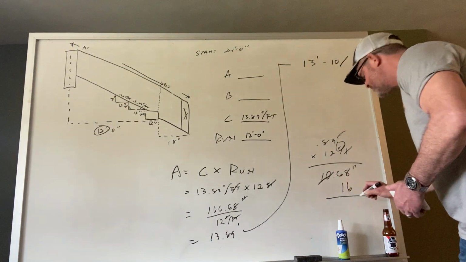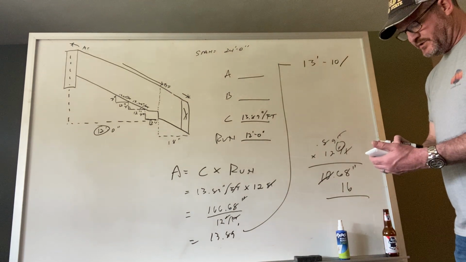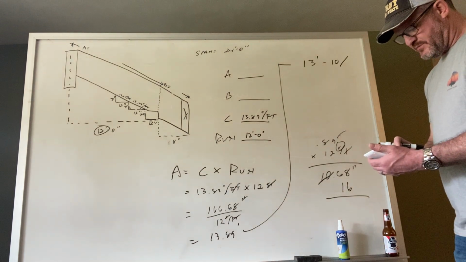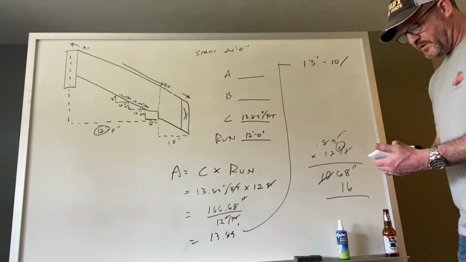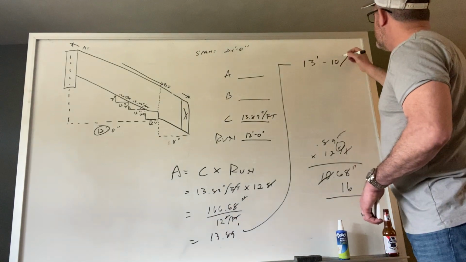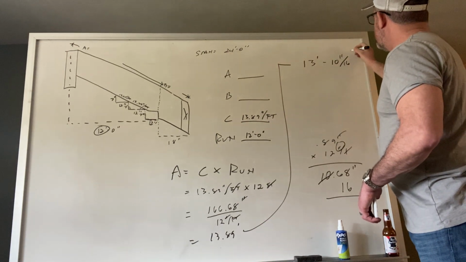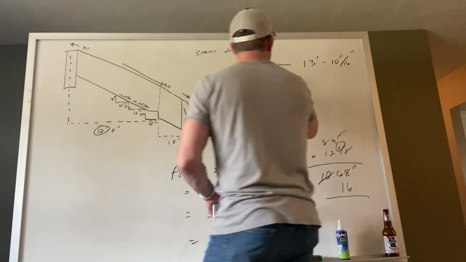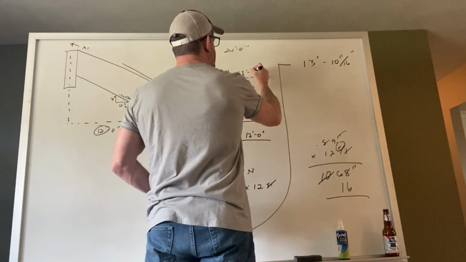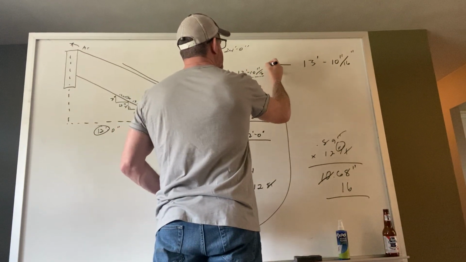Times 16, because that's what our tapes read to. So 0.68 times 16 equals 10.8, which rounds up to 11. Okay, so my A dimension is 13 foot, 10, and 11/16 inches.